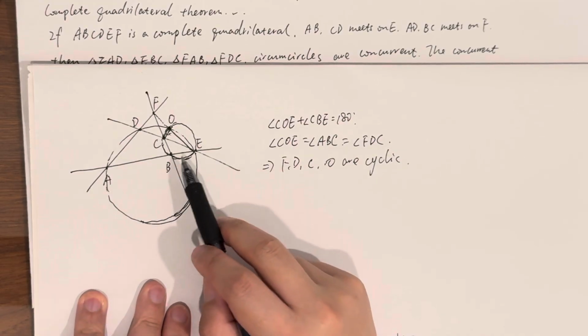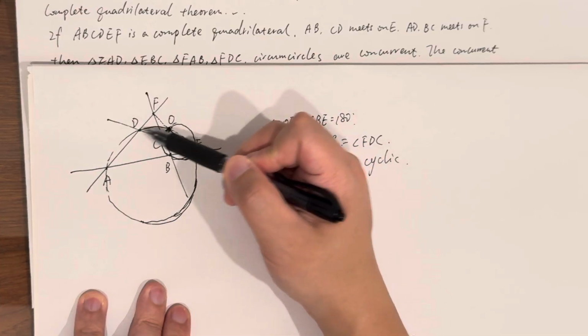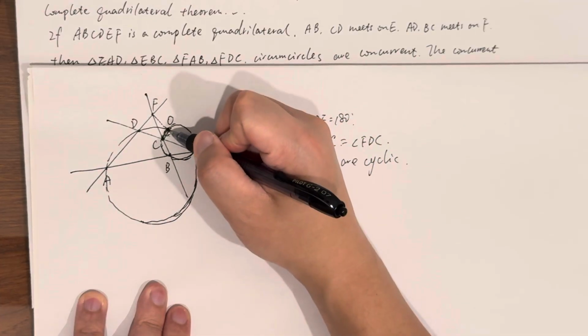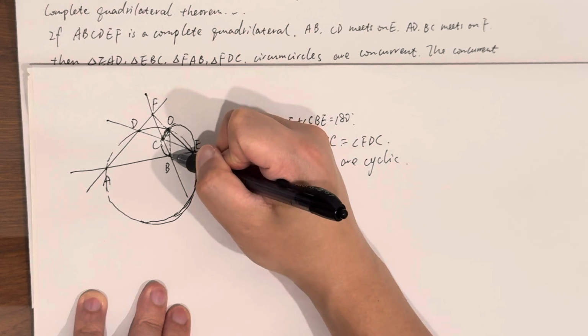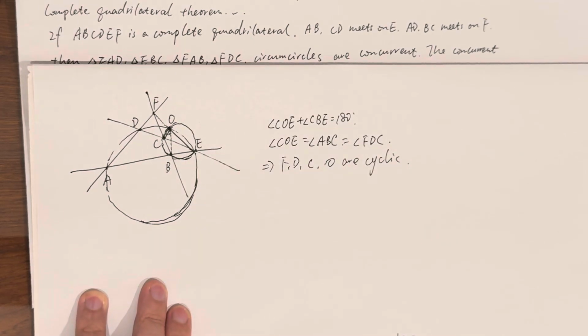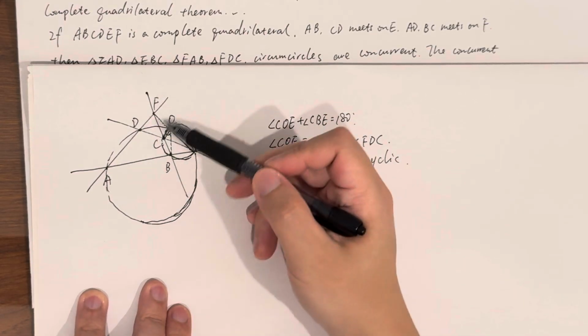And we already proved that FDCO are cyclic. We want to prove that FABO are cyclic. Let's connect BO here. We want to prove that this is cyclic.